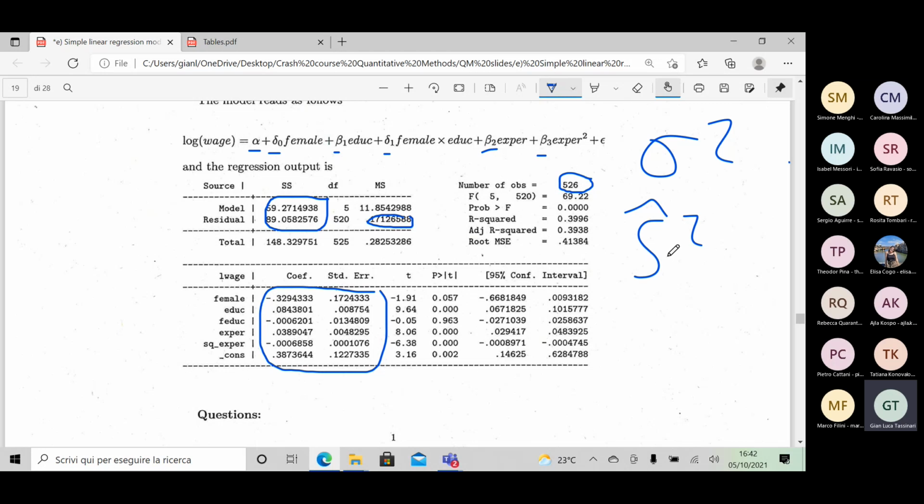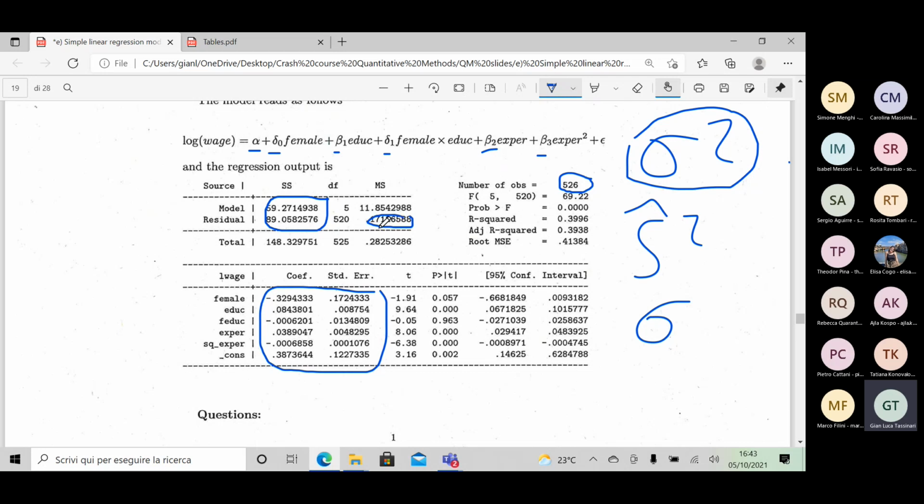This is S hat square, estimated. Sigma square is unknown, it is a parameter, because it's the variance of the error, the variance of epsilon 1, variance of epsilon 2, etc., variance of epsilon 526. All these variances are equal, by assumption. And this root mean square error is the estimate of sigma. So the estimate of sigma will be simply the square root of this number.